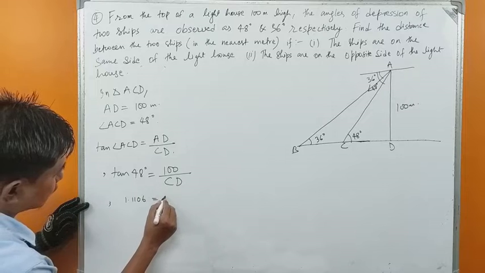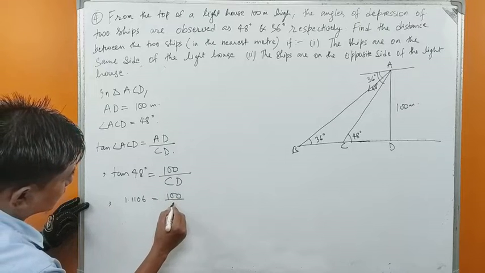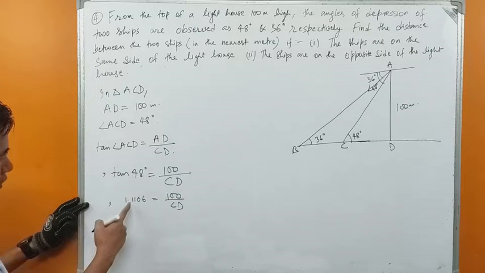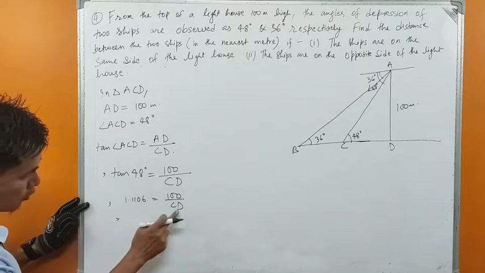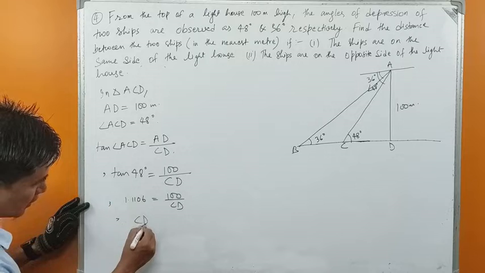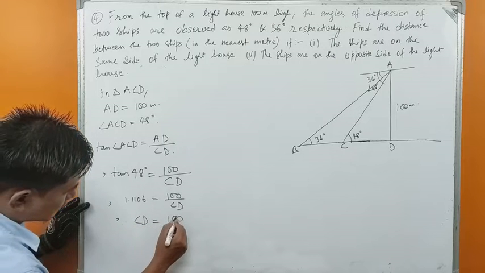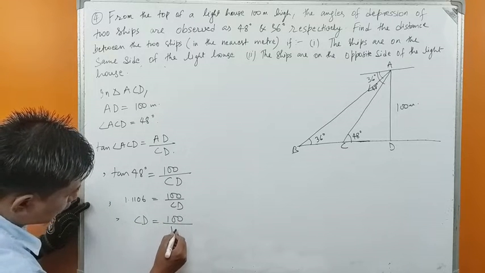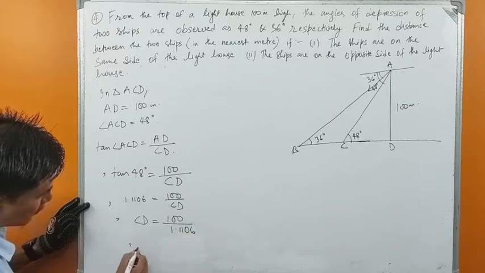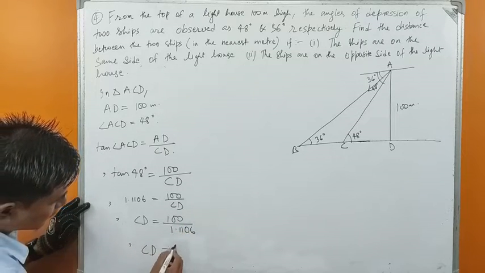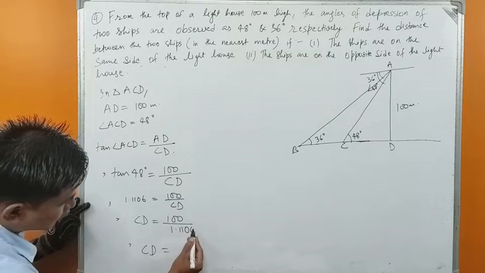So 1.1106 equals 100 upon CD, isn't it? Tan 48 means this. Now let us cross multiply. CD comes here, this number goes to the denominator. CD equals 100 upon 1.1106. Or you can write CD equals, you remove the decimal point.